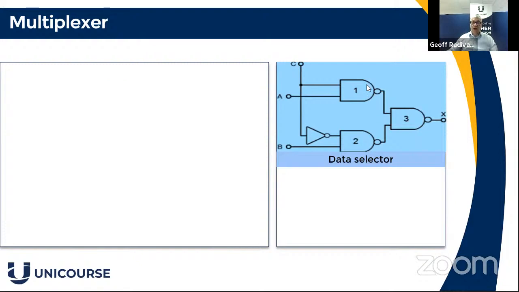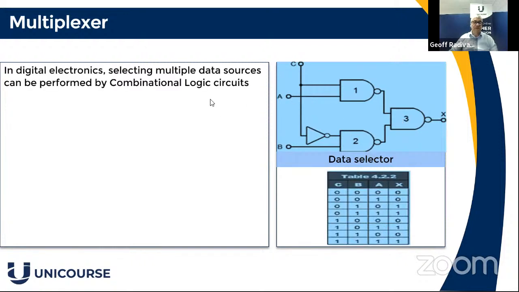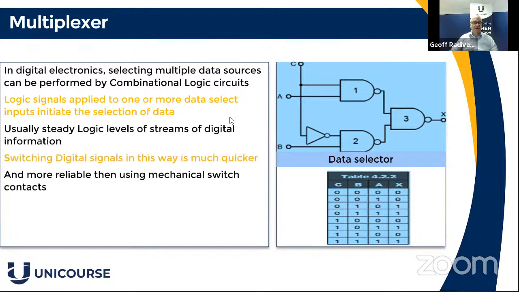We've got here the AND gates and NOT gates, and there is a truth table. And this is a very simple combinational circuit which we can use to add one or more data into it, which gives us an output. So we've got 2 signals in, and that was giving us a 1 signal out, and that is to a multiple of data.